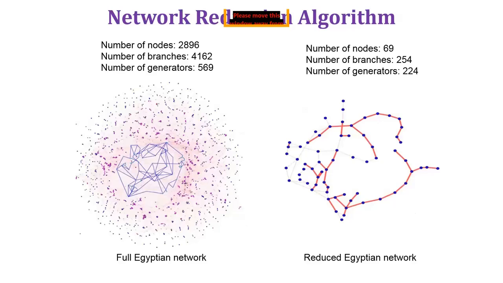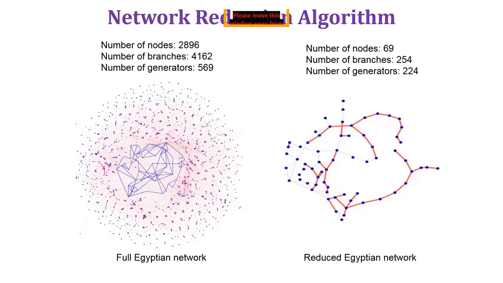So basically, we developed a module that allows reducing different networks of different sizes and different voltages, from a massive amount of buses and branches in the power system to a small number of buses and lines that allow us to solve the problem more effectively. In this case, we have an example with the network of Egypt.